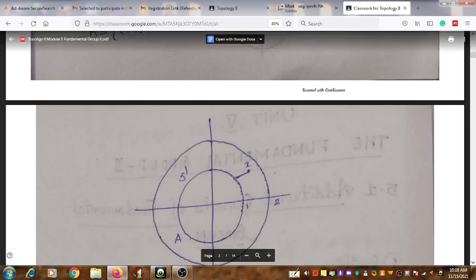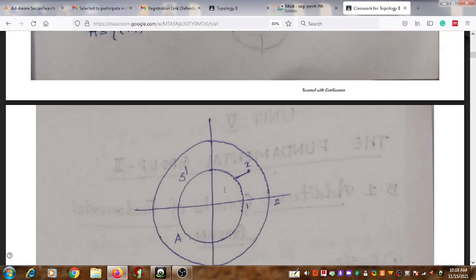If x1, x2 are the coordinates of that point, then the distance is the square root of x1 square plus x2 square.